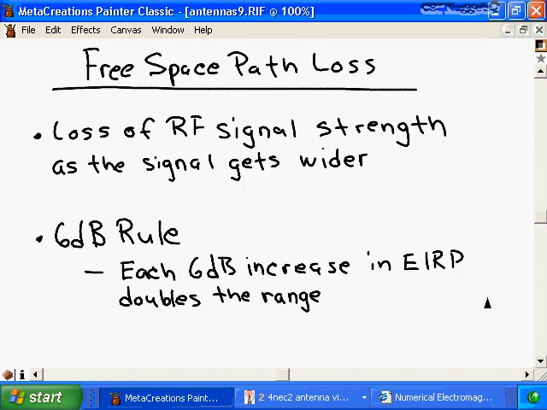Also, if it's an outdoor high-gain antenna, ensure that it's placed high enough above obstructions such as trees and buildings. Make sure that the Fresnel zone is relatively clear. If you are mounting the antenna indoors, make sure you keep that antenna as much as possible away from metal. Remember, metal is going to introduce a lot of multipath, and it's going to cause a lot of reflections of that radio frequency signal.